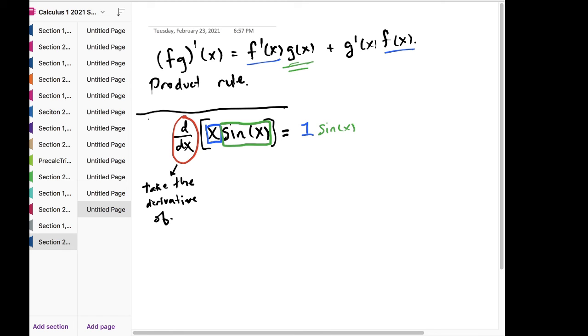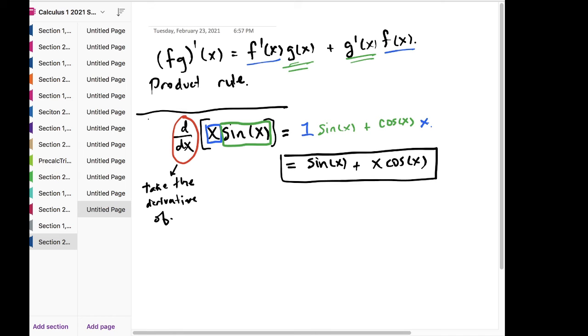And then what's the derivative of sine? Yep, cosine. And then it's just f of x, no derivative, so it's x. So what's the answer? It's sine of x plus x cosine of x. All right, everyone see that? Okay, great.